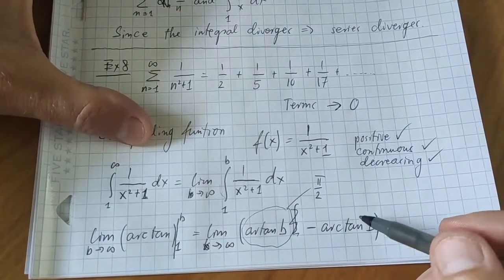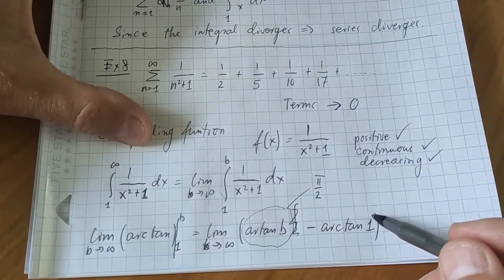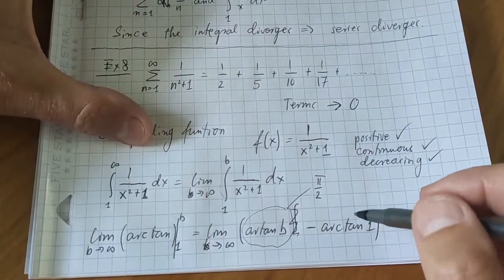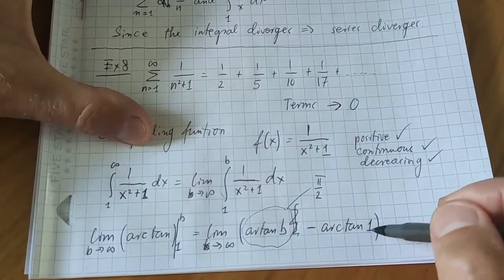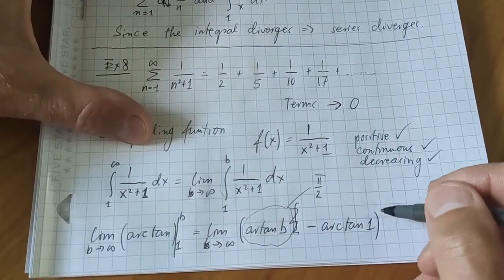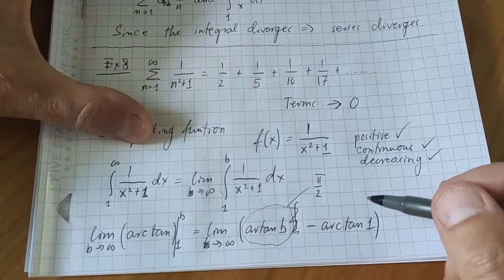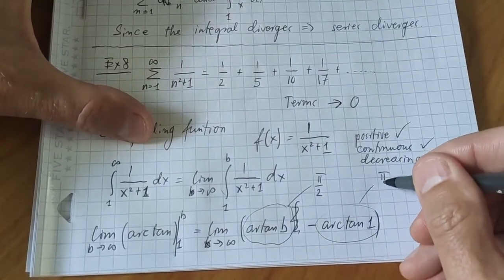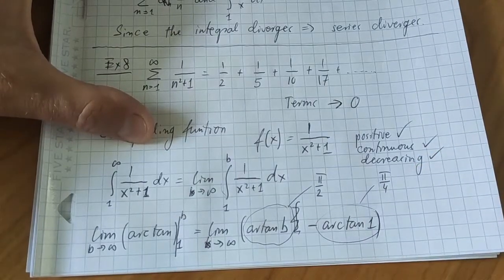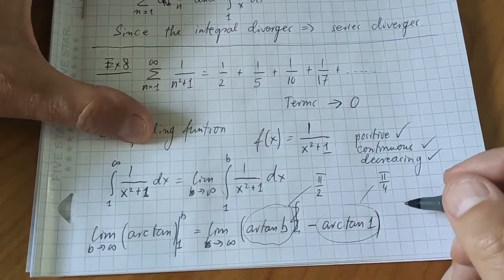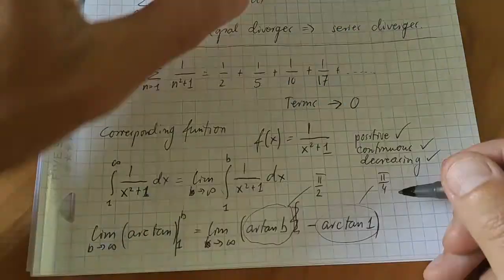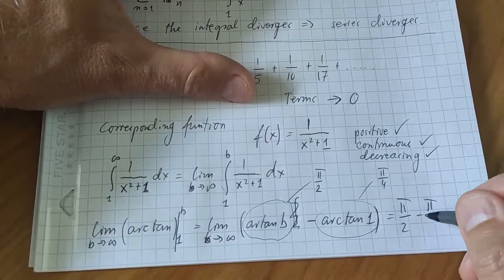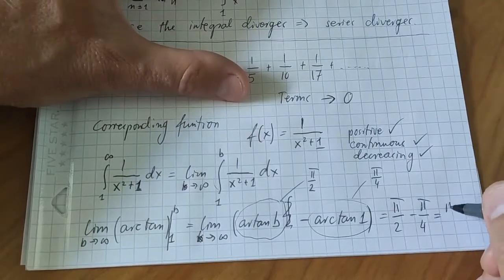And now the inverse of tangent of 1 is just pi over 4, 45 degrees. So we get pi over 2 minus pi over 4, and that's pi over 4.